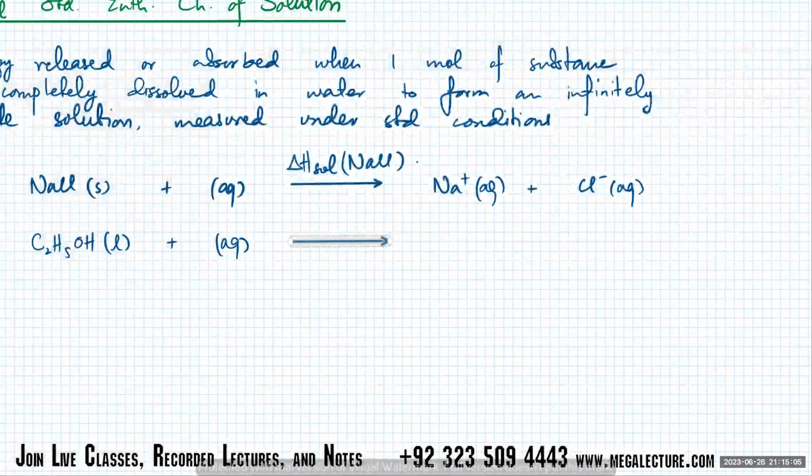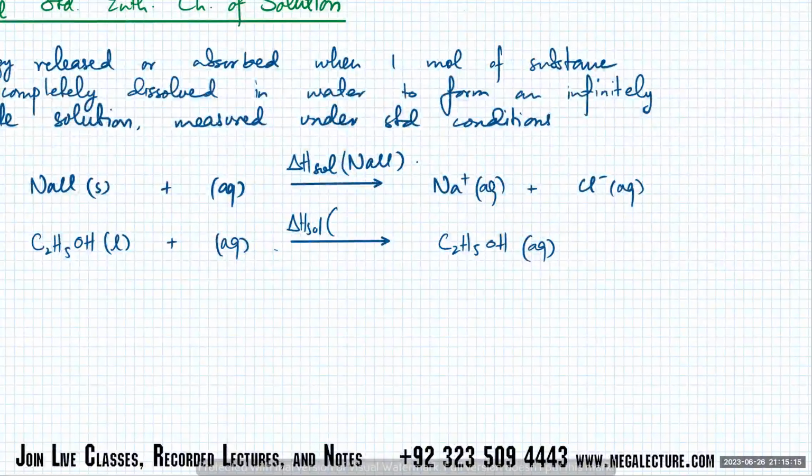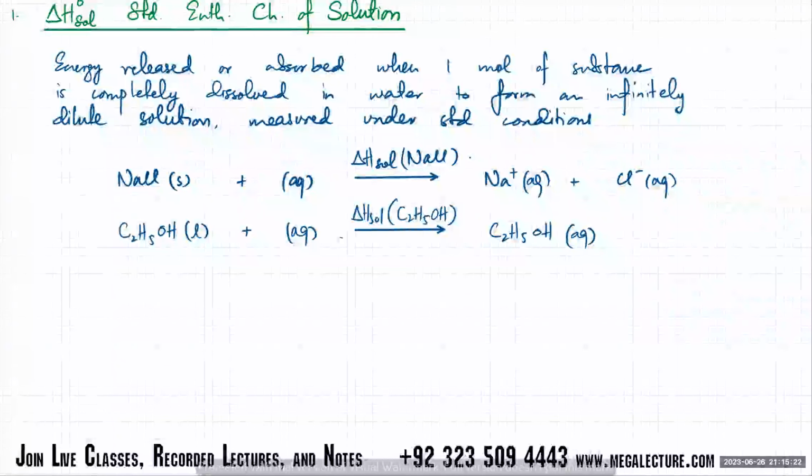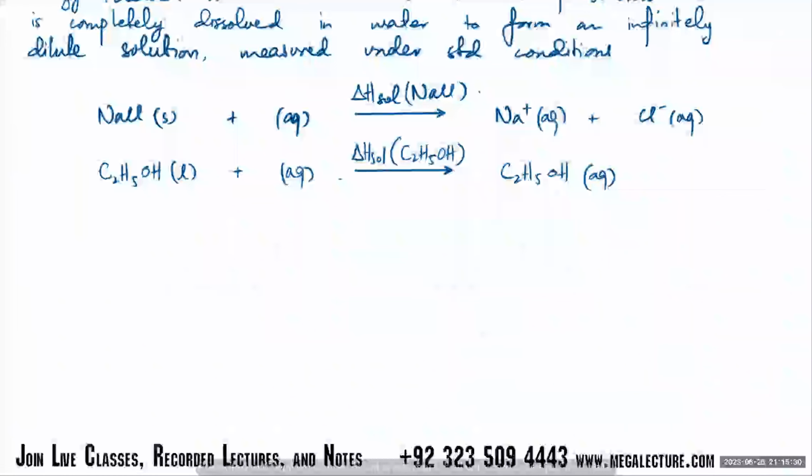So it's going to form C2H5OH aqueous, that's it. So this is the enthalpy of solution of ethanol. You dissolve 1 mole of any substance, and it releases energy or consumes energy.